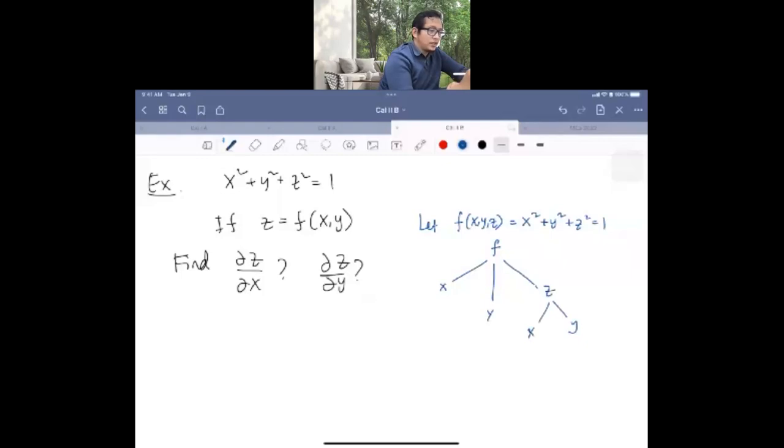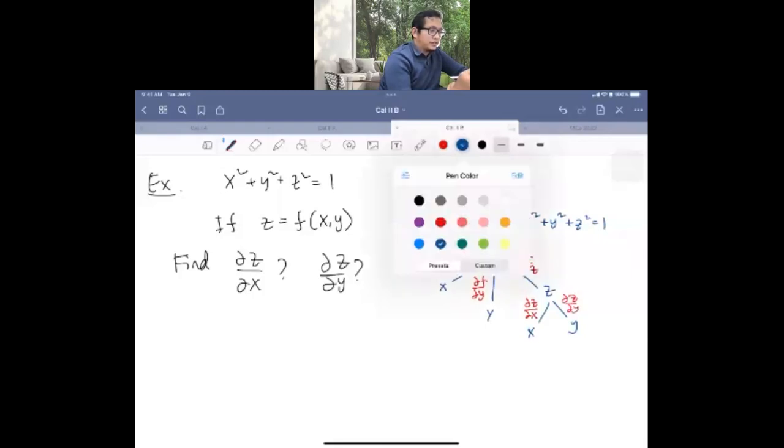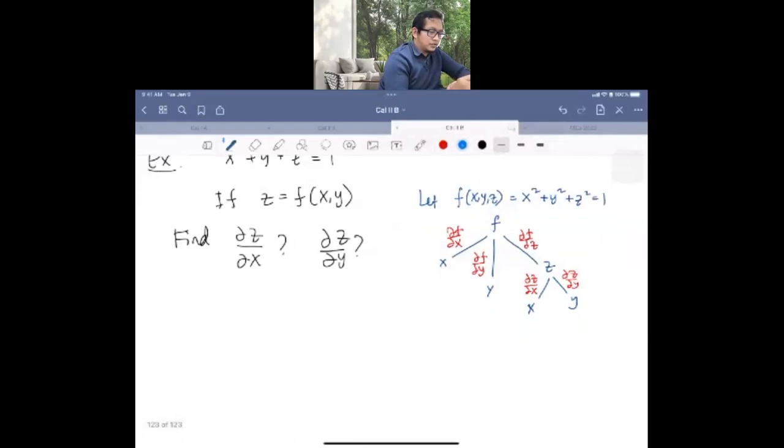Now we can have dou f dou x, dou f dou y, and dou f dou z, dou z dou x, and dou z dou y. Now dou f dou x plus dou f dou z times dou z dou x, we will get 0.